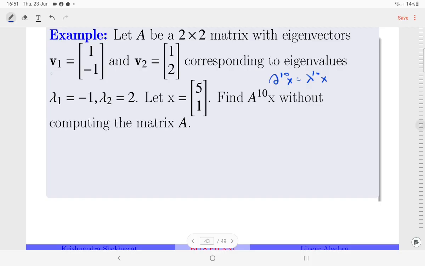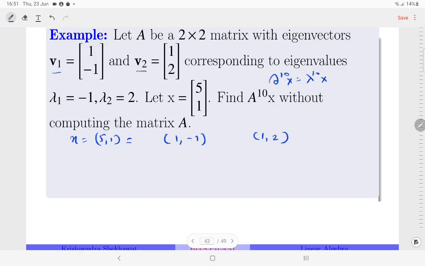We have been given v1 and v2, which are elements of R2. It is clearly visible that v1 and v2 are linearly independent, hence they form a basis for R2, and it means that you can write x, which is (5, 1), as a linear combination of (1, -1) and (1, 2).